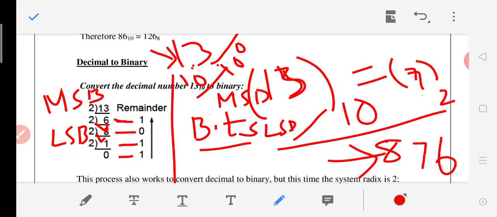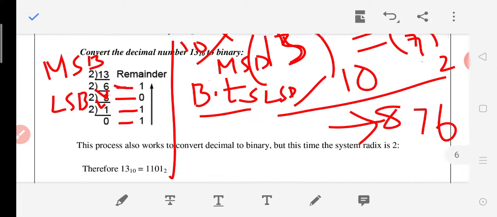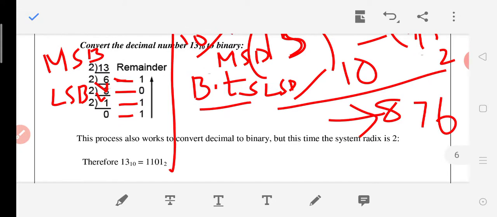Now coming to our topic, the decimal to binary conversion. Take the decimal number and divide with 2 until you reach 0. Now you collect these bits from bottom to top.